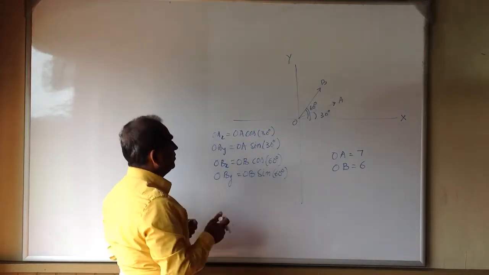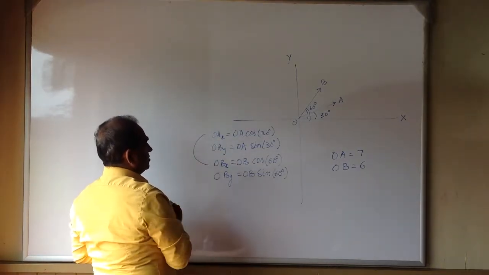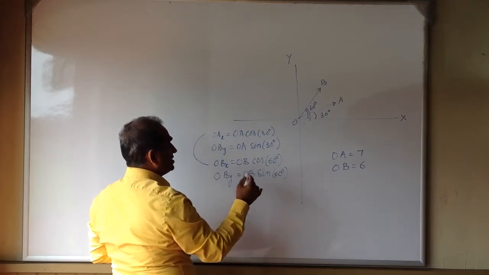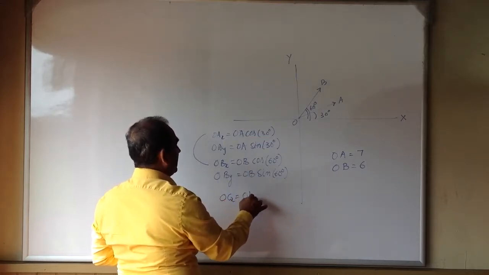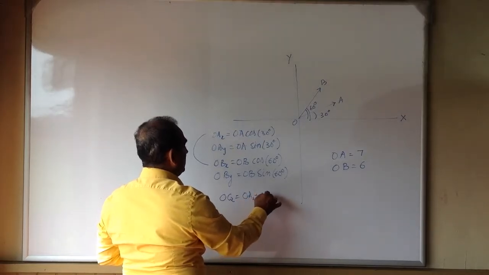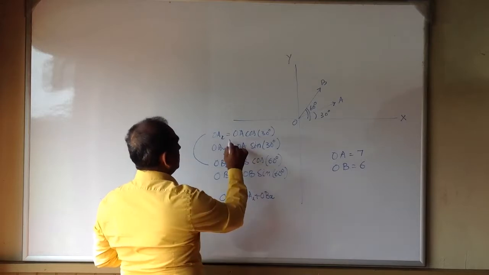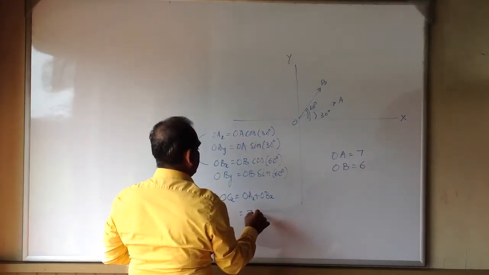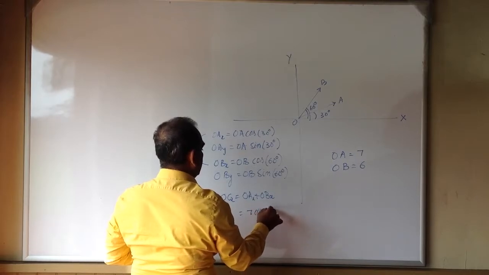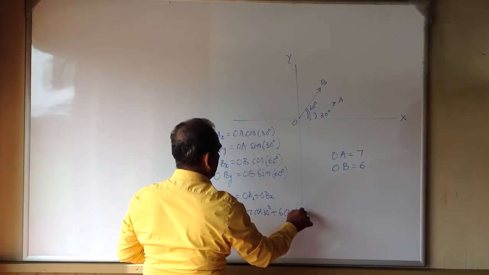So we simply add up OAX and OBX. That becomes the x component of the resultant, that is OCX is equal to OAX plus OBX, which is equal to 7 cos 30 plus 6 cos 60.